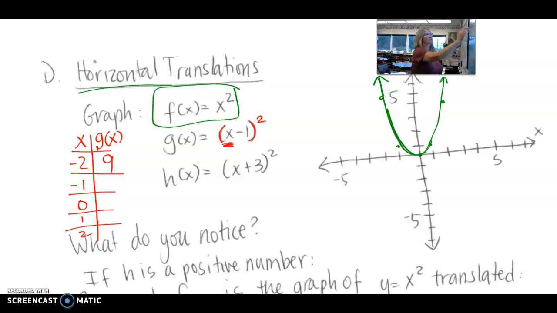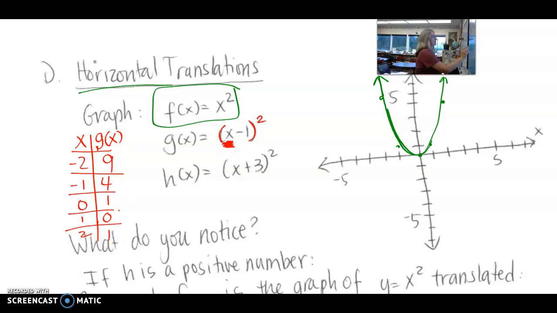If I put in -1 for x, -1 minus 1 is -2, and -2 times -2 is 4. If I put 0 in here and subtract 1, I get -1, which when I square it, I get 1. And when I put in a 1, 1 minus 1 is 0, 0 squared is 0. Then 2 minus 1 is 1, and it starts going back up again.